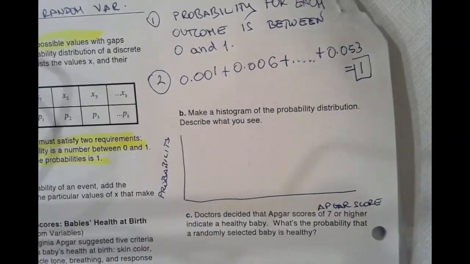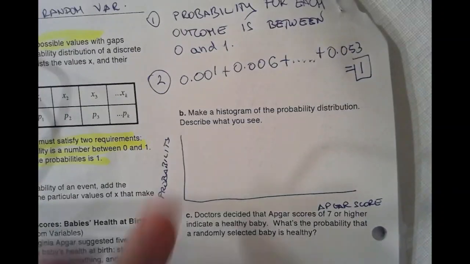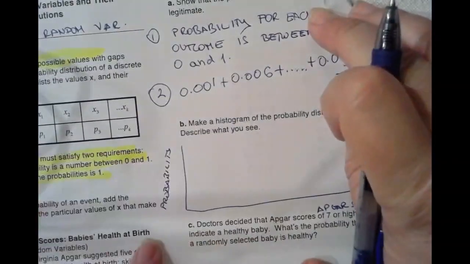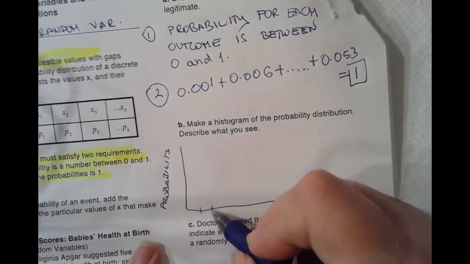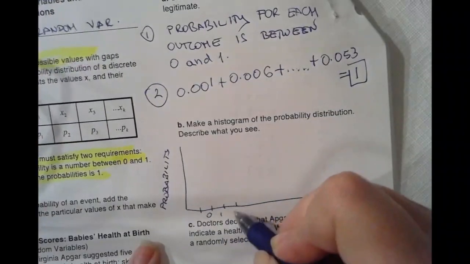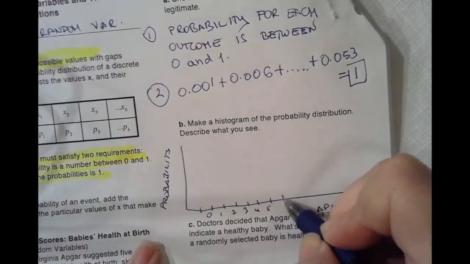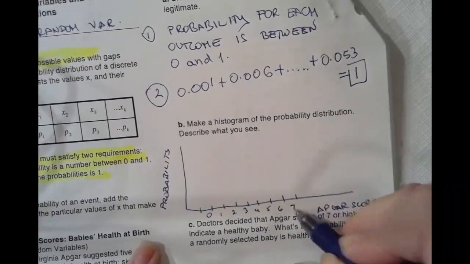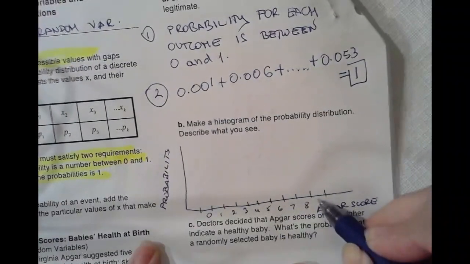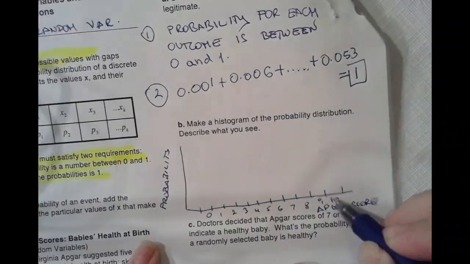If you look at the numbers, notice that my values go from 0 to 10: 0, 1, 2, 3, 4, 5, 6, 7, 8, 9, and 10.